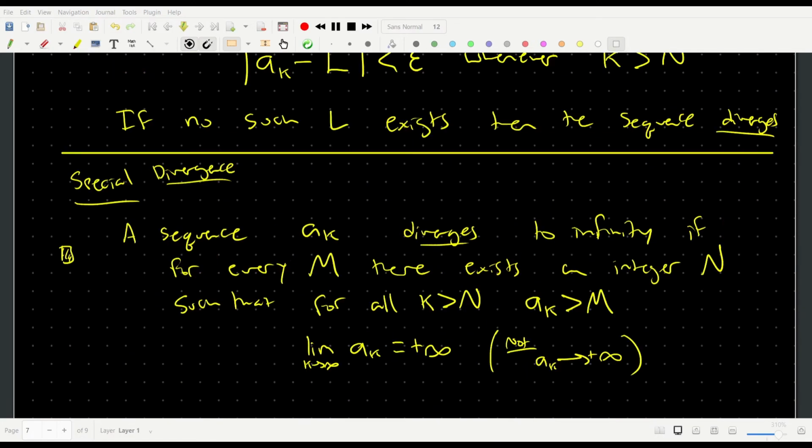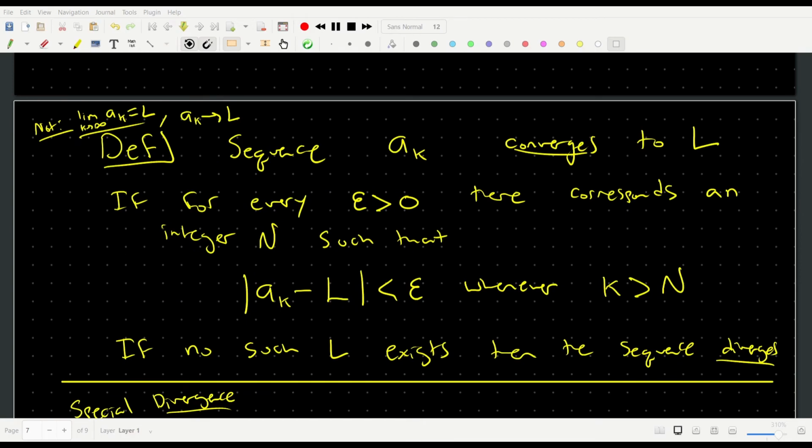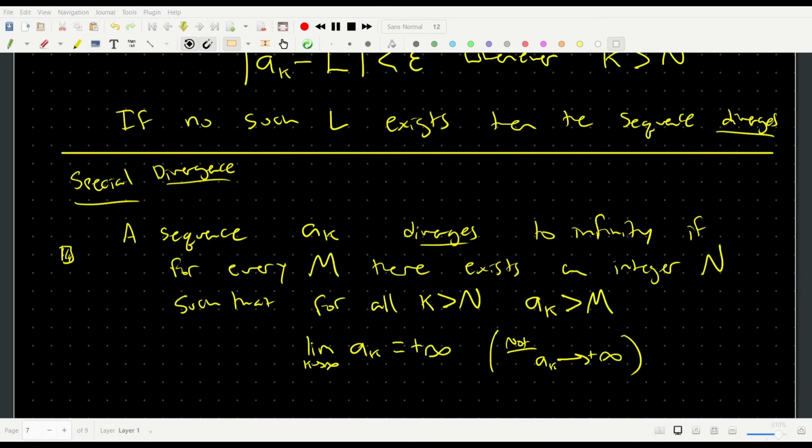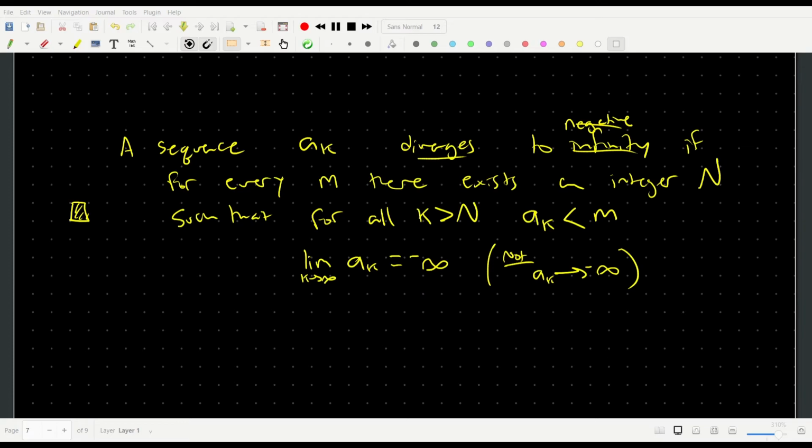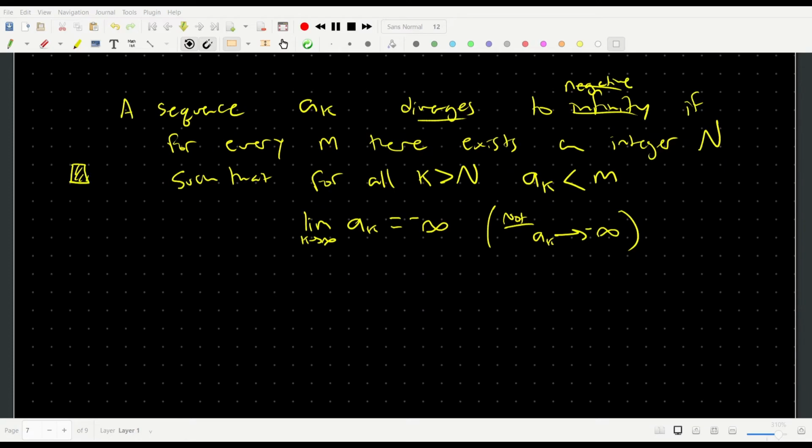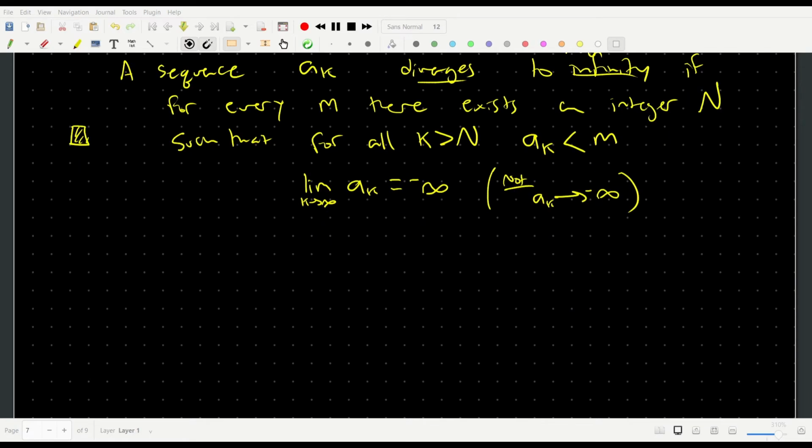I'm not going to go over the proofs because they're not super important for this course. They are interesting, but really we just want to learn how to use these rules because it's going to be important for us when we get to series.